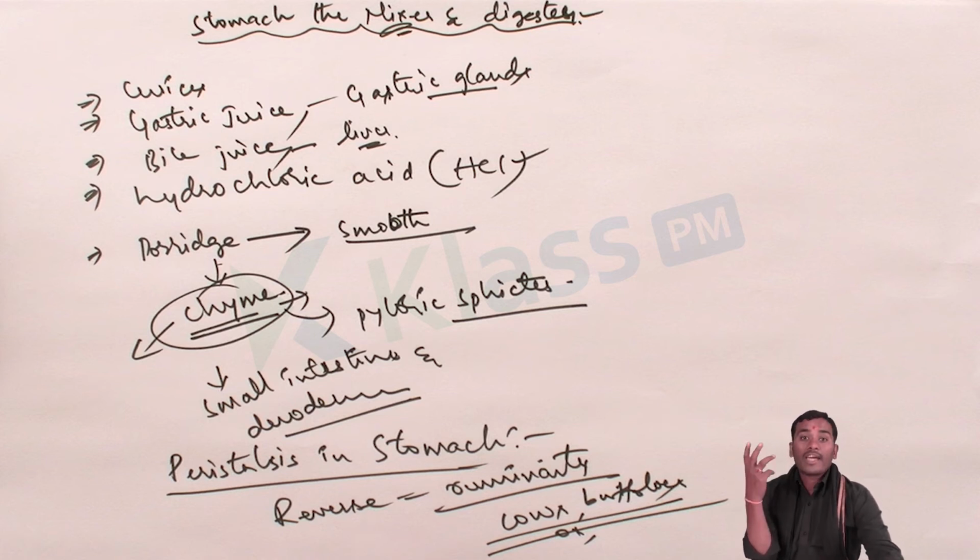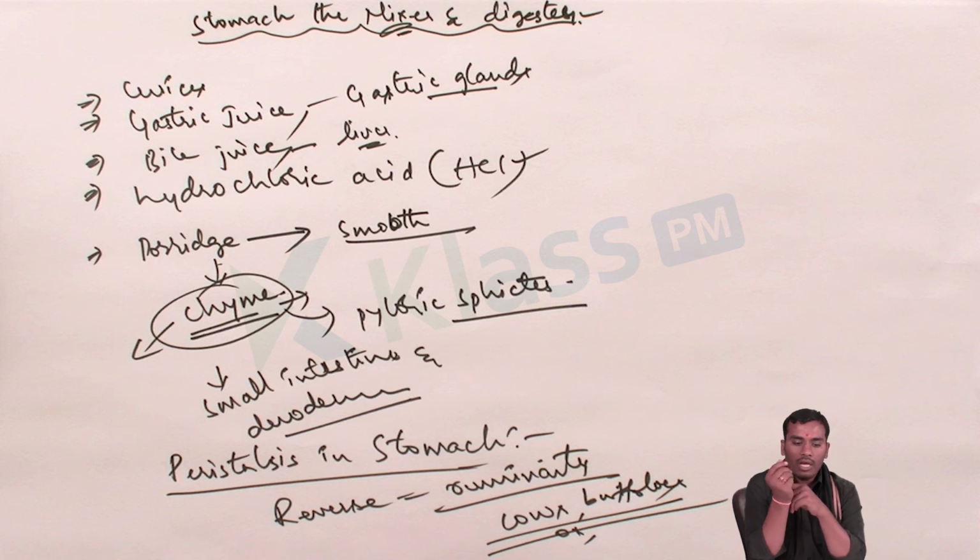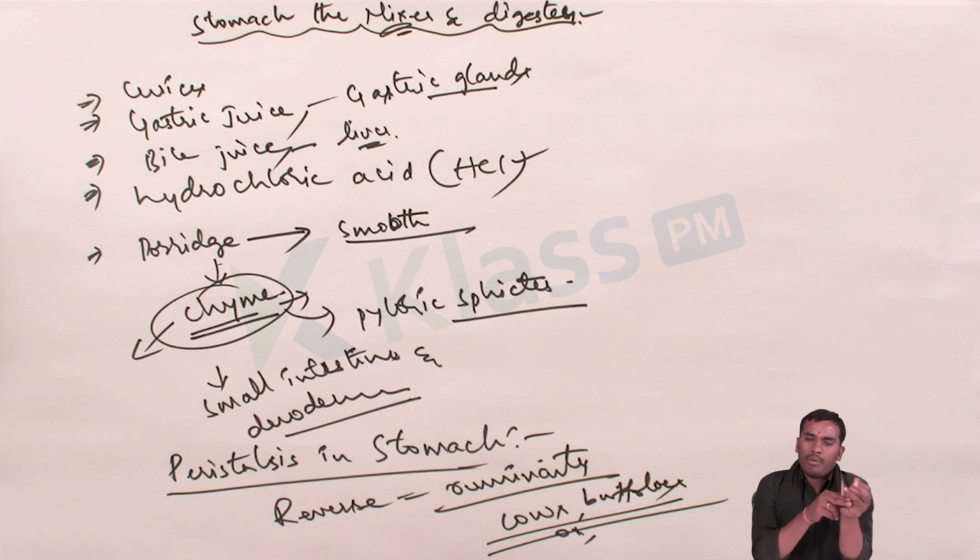All these are activated, a message is sent, and there will be secretion of juices like pancreatic juice, bile juice and succus entericus. Is it clear? These are the different juices produced by the pancreas, liver and small intestine.